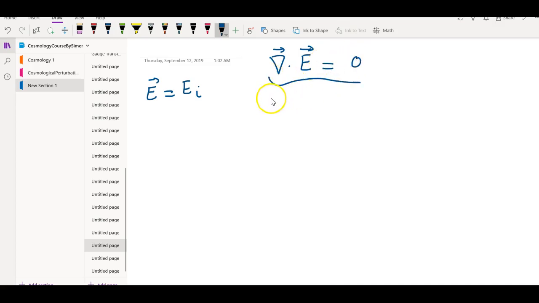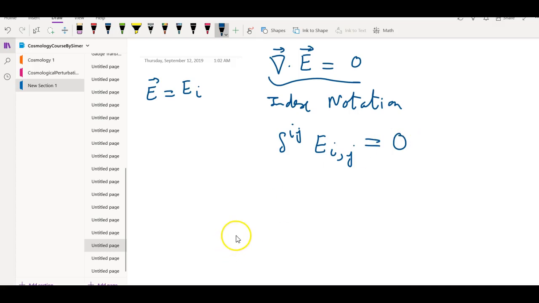Now I need to write this in index notation. This becomes E_ij delta_ij, contract on i, contract on j, this becomes 0.